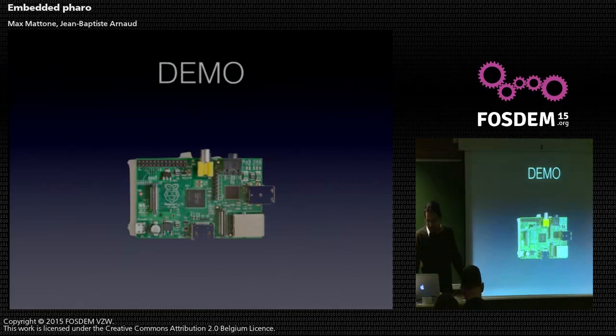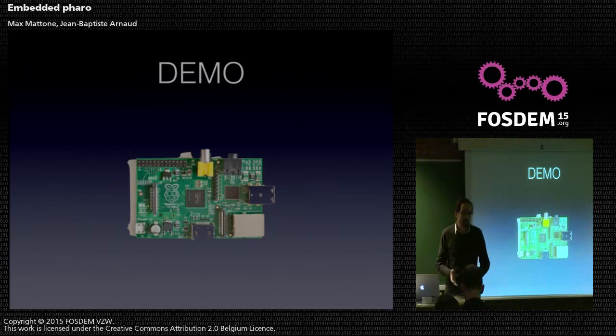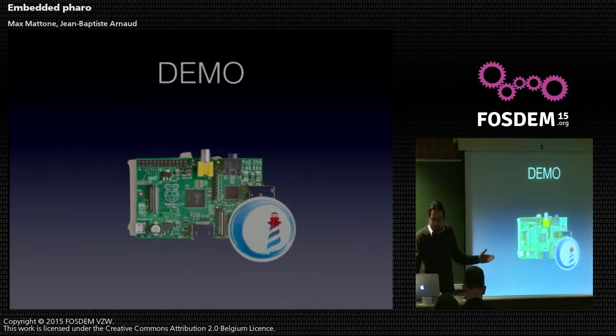For the demo we have a Raspberry Pi, which is here, and on the GPIOs we have plugged a Piglo. That is more or less just a couple of LEDs to see what is emitted on the GPIOs. That's just to prove that there is an interaction between the software Faro and the hardware part. So on top of the Raspberry Pi we make Faro run.